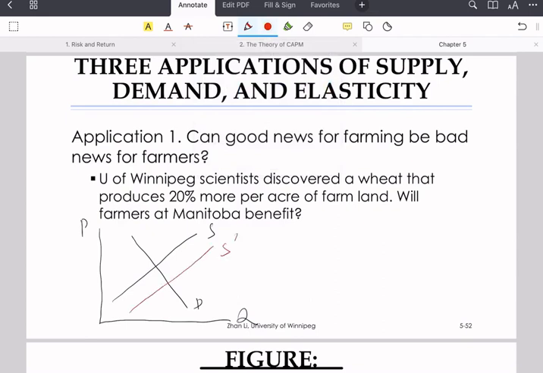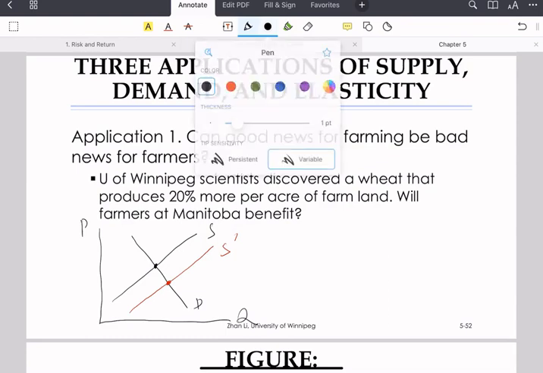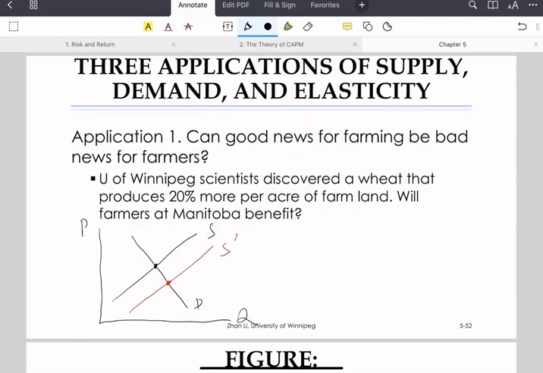So this is the new supply curve, S prime. Now, let's see how market equilibrium should change. The market equilibrium will change from the black dot to the red dot. What you can observe here is, after this better technology, price will decrease.